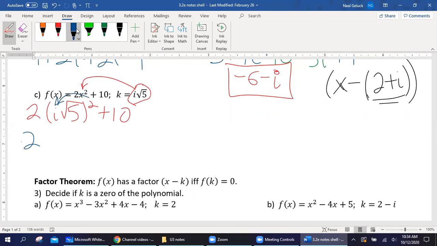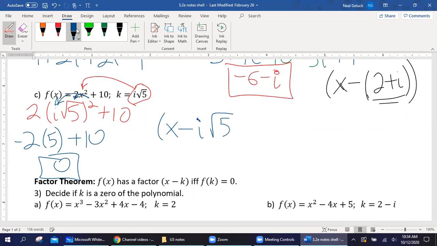So I know that's just going to make that negative. Root 5 squared is just 5. So I end up with -10 plus 10, which is 0. And again, what does that tell me? That tells me that x minus i root 5 actually is a factor of 2x squared plus 10.